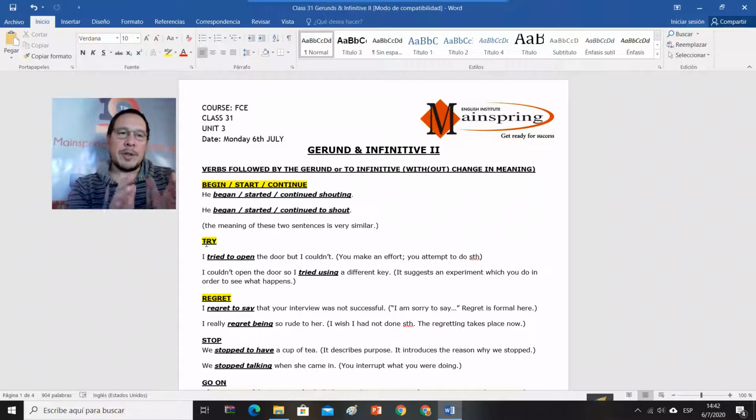Okay, for instance, you are pushing a door and you cannot open. Maybe another person can tell you, why don't you try pulling it and see if it opens? That is experiment.